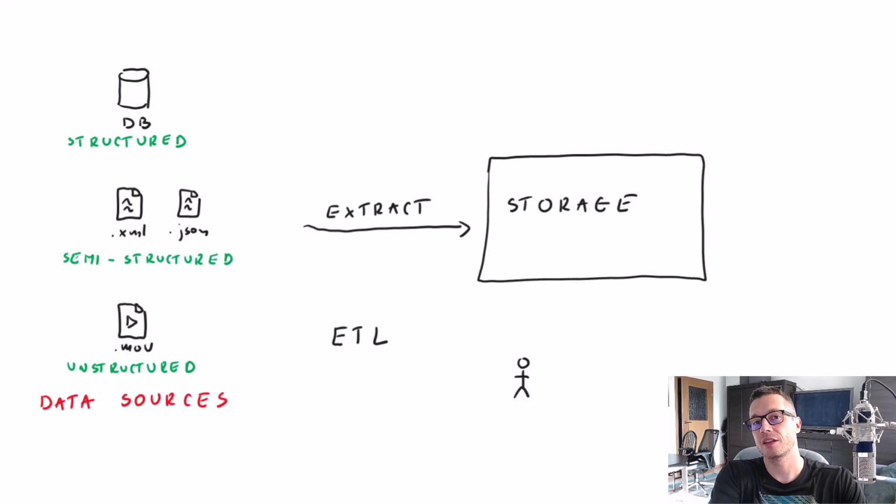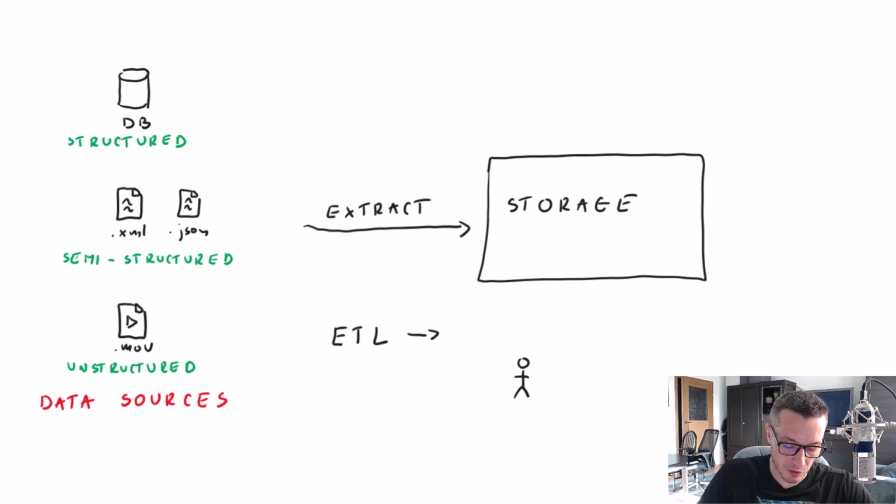Like we were extracting data from the source, we were transforming it on the fly, for example, using SQL Server Integration Services or just SQL statements, and we were loading the data into those fixed tables. But this approach, as I said, it doesn't really work right now.